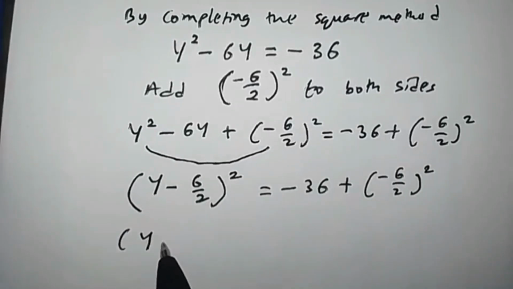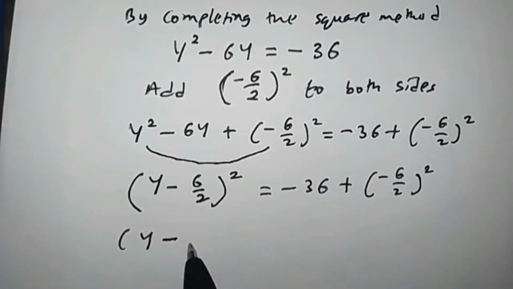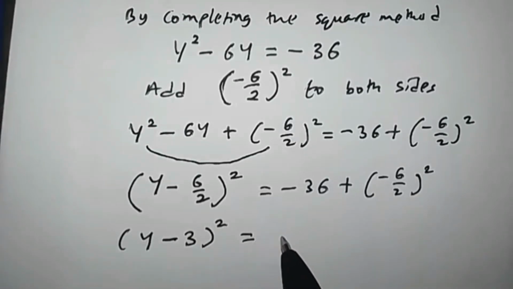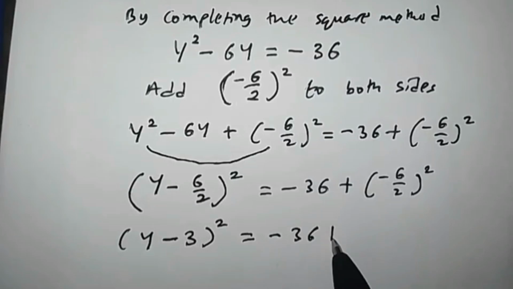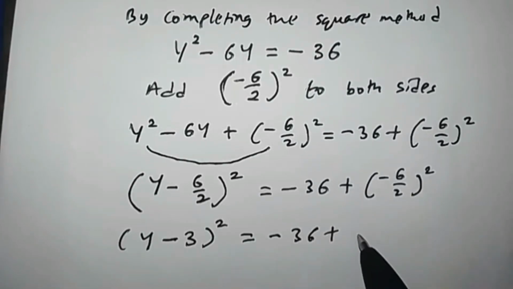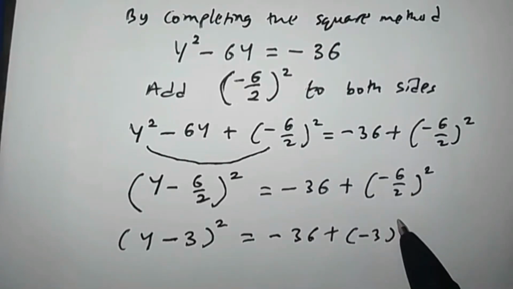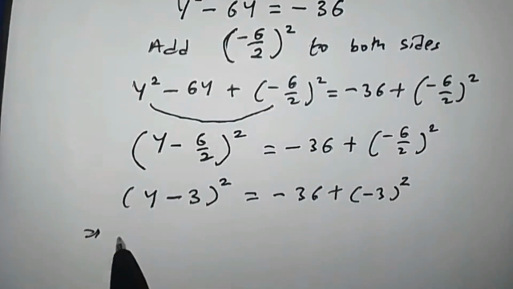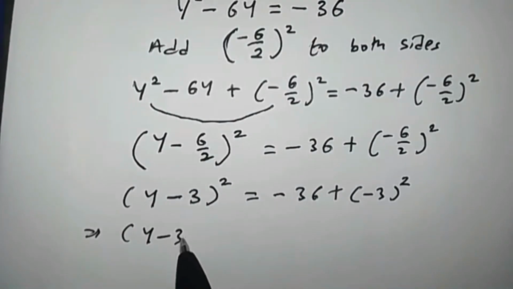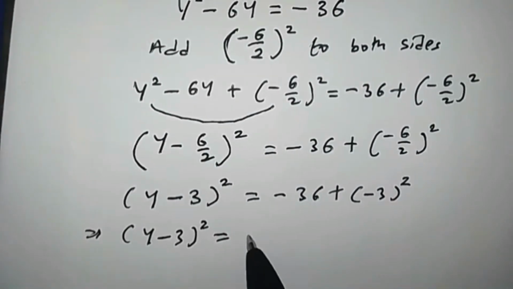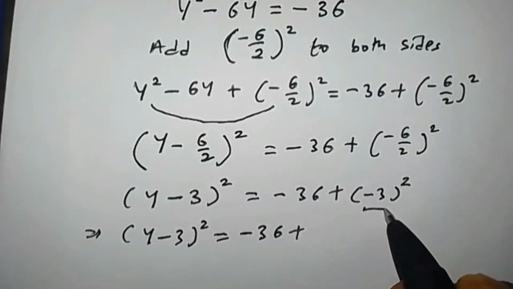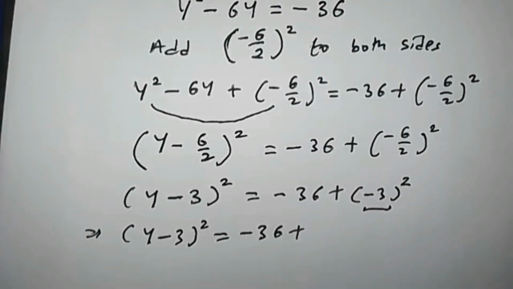So we have y minus 6 divided by 2, that is 3, all squared, equals minus 36 plus minus 3 all squared. Let's continue. So we have y minus 3 all squared equals minus 36 plus, what is minus 3 all squared? That is minus 3 times minus 3, which is 9.